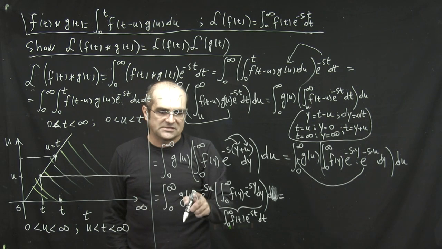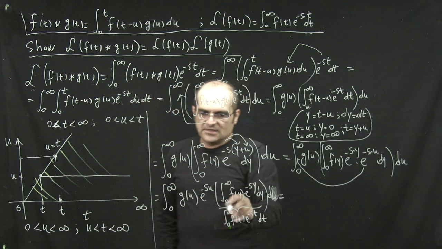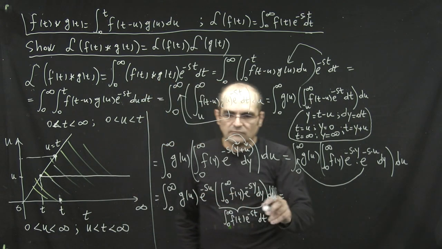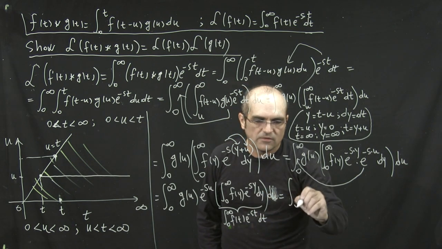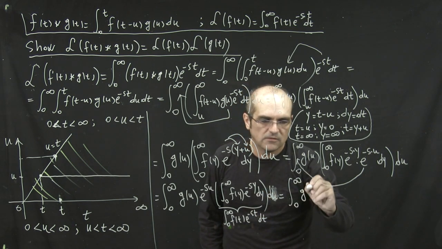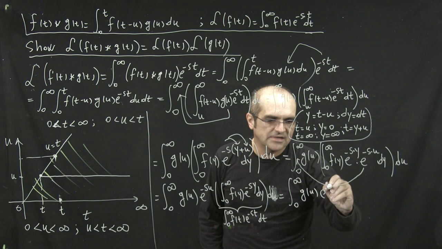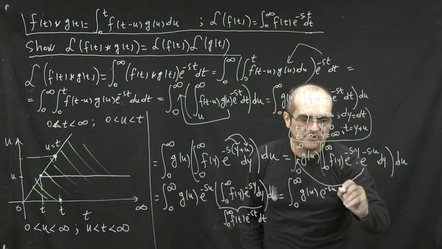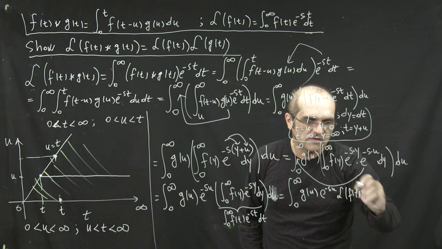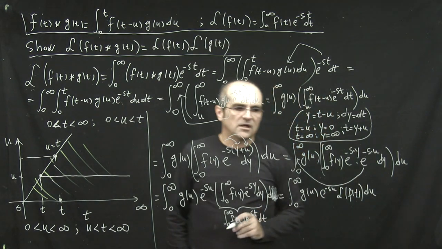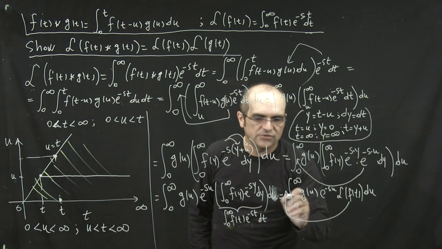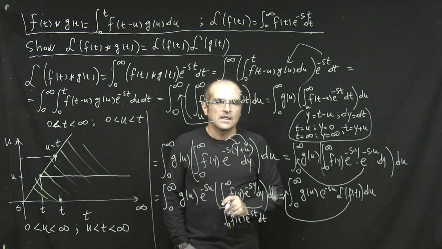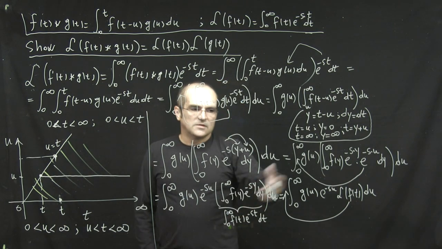So inside this integral, we now have the Laplace transform, which we know is a finite function; it exists. And we can put it out of the outermost integral. L of f of t, we can put it out.